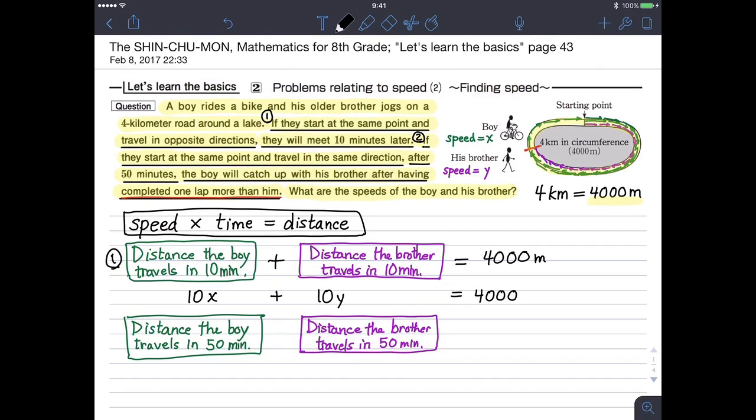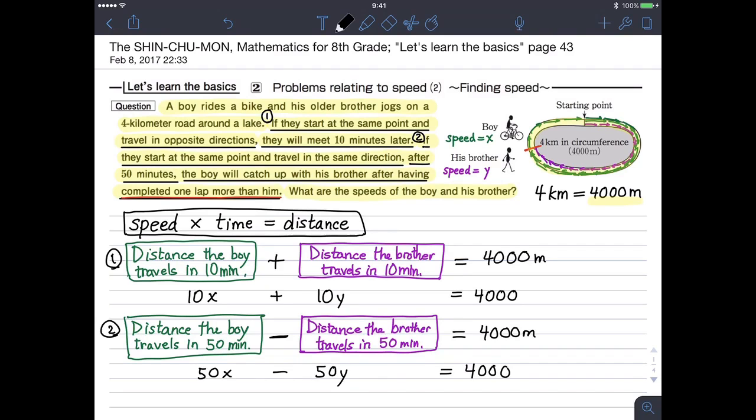In this case, it's the difference. So because of the difference, it's going to be a subtraction operation. And the difference is 4,000 meters again. So we can write this as 50x minus 50y equals 4,000.